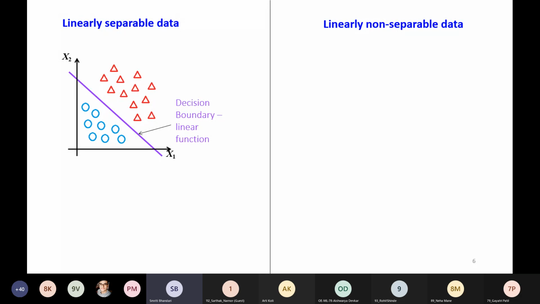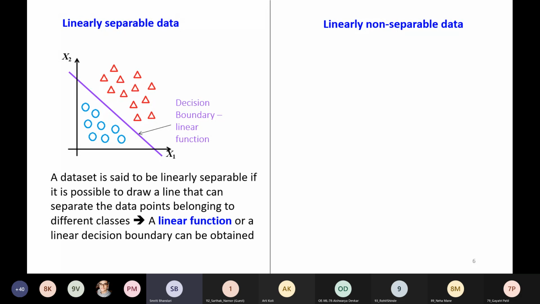Now, a data set is linearly separable if it is possible to draw a line that separates the data points belonging to different classes.